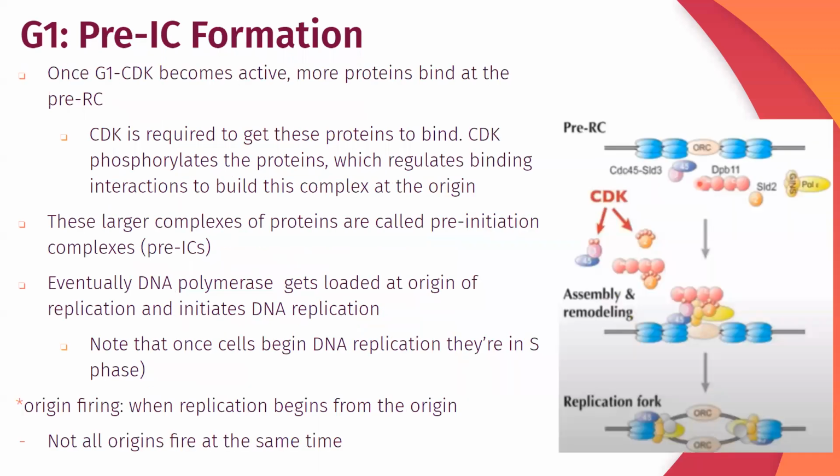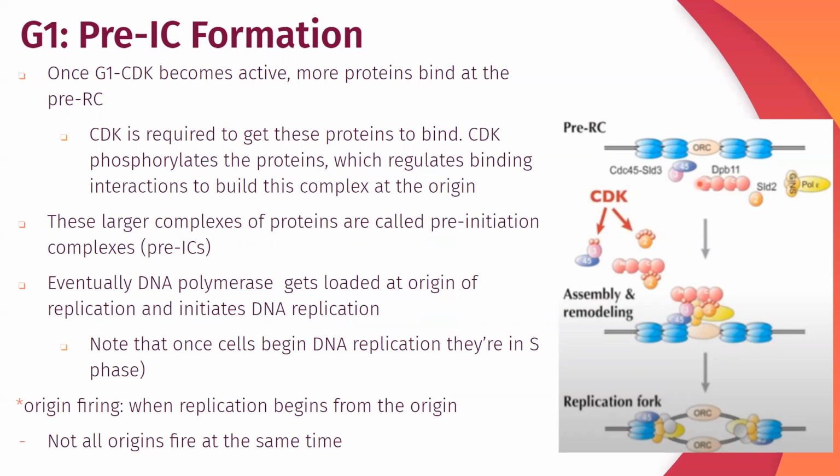For pre-IC formation, once G1 CDK becomes active, more proteins bind at the pre-RC. So for a pre-IC to be formed, you need a pre-existing pre-RC. CDK is required to get these proteins to bind, and that takes form in the different cyclins being expressed.